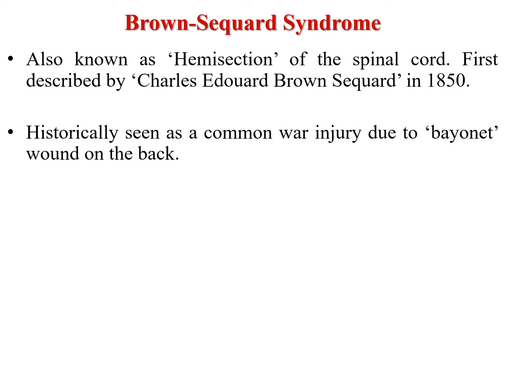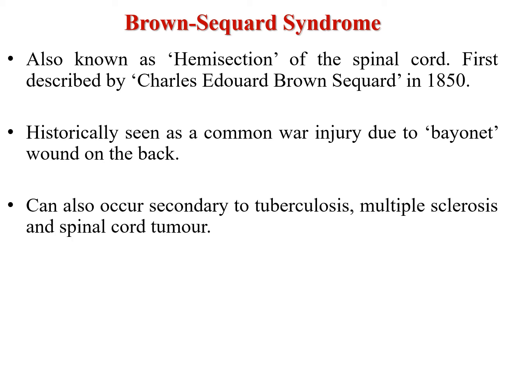However, historically it is much more common as a war injury due to a bayonet wound on the back of retreating soldiers. However, it can also occur secondary to diseases like tuberculosis, multiple sclerosis, and spinal cord tumors.